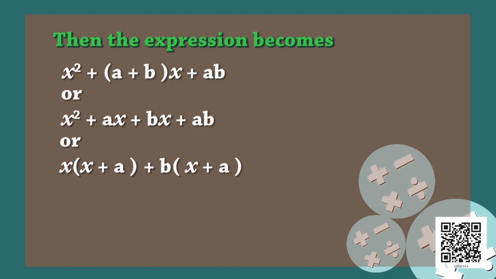Now note that x plus a is a common factor for both the terms. By taking it as common, we can write it as x plus a into x plus b, which are the required algebraic factors. So, by identifying the factors of the constant term, we can split the given expression into two factors, and from that we identify the required factors of the given algebraic expression.